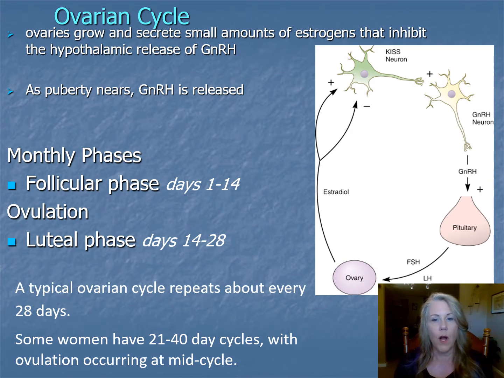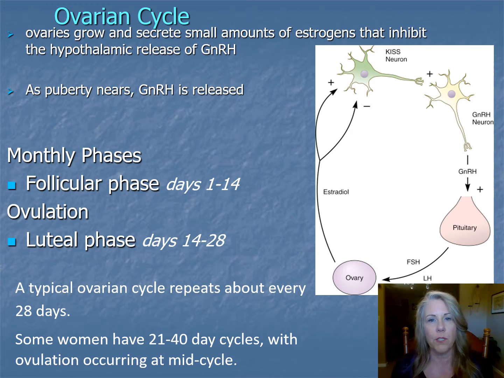Once the gonadotropin releasing hormone is released from the hypothalamus, and I want you to look at the picture right above me, it's going to stimulate the pituitary. The pituitary will then release two hormones, and we're going to talk more about these later: follicle stimulating hormone and luteinizing hormone.